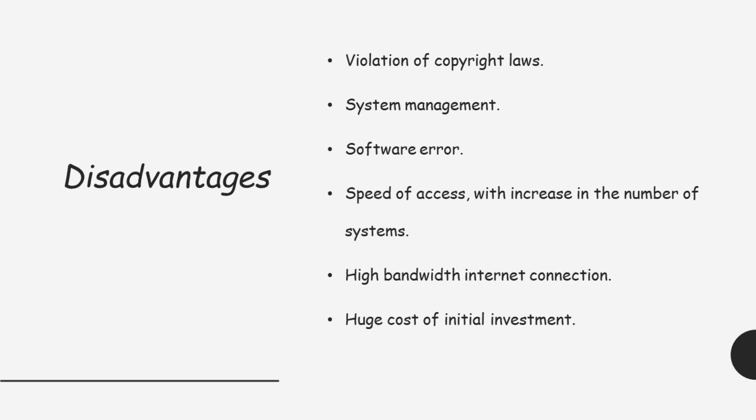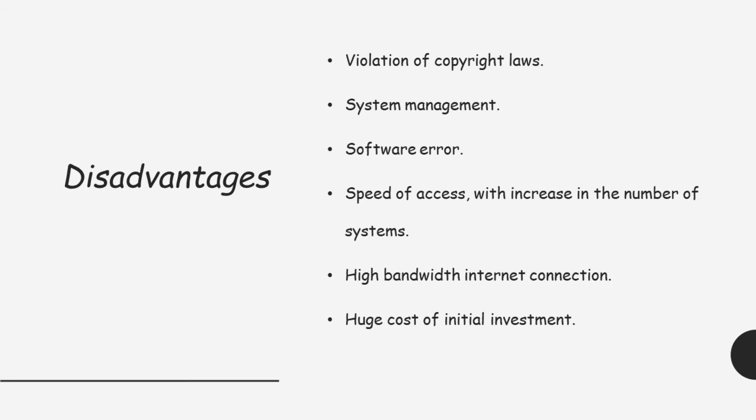And as I said earlier, if an error occurs in the software, then the whole data will be at risk. A small error can destroy the whole library. The increase in the number of systems also results in the decrease of the speed of access. That is another major drawback of online libraries. This demands the availability of high bandwidth internet connection.